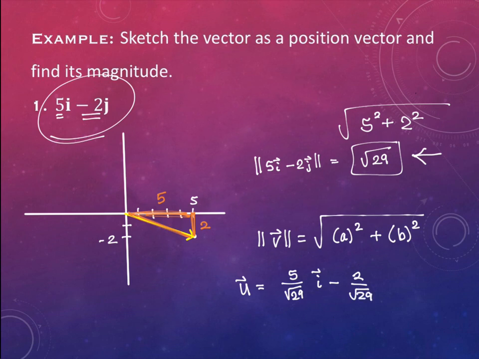We're still not going to leave our radicals in the denominator, so we would clean them up just a bit. We would say 5 square root 29 over 29i and 2 square root 29 over 29j. Okay, does that make sense? So this would be the unit vector for this one, and we can kind of push them together very nicely because we've already found the magnitude on this particular one.